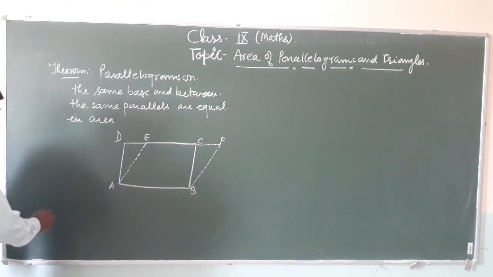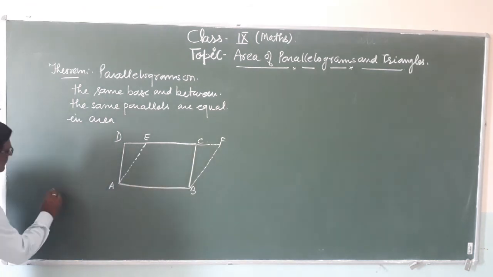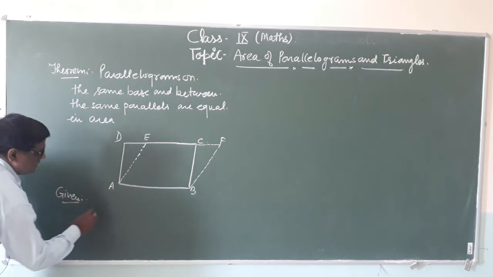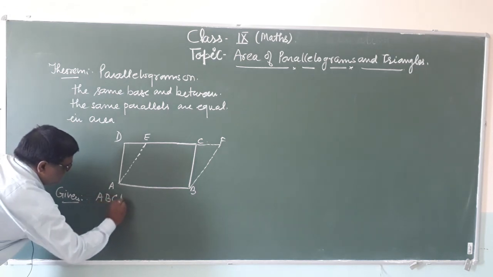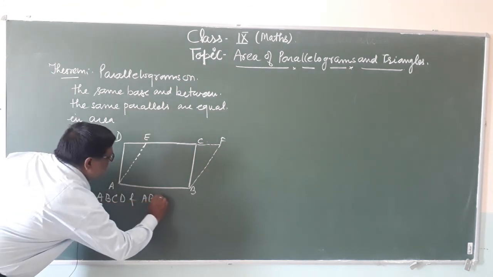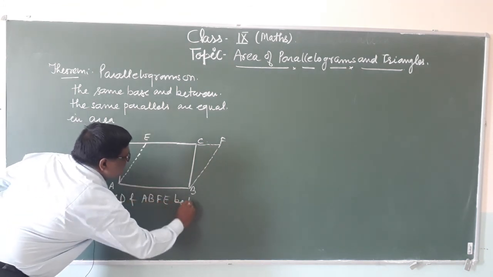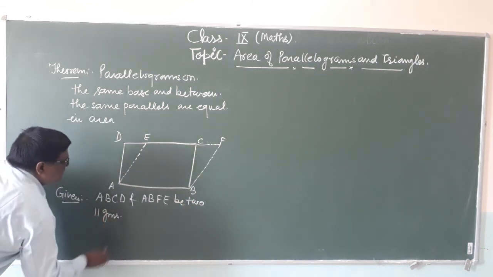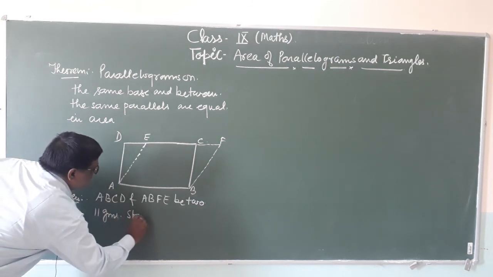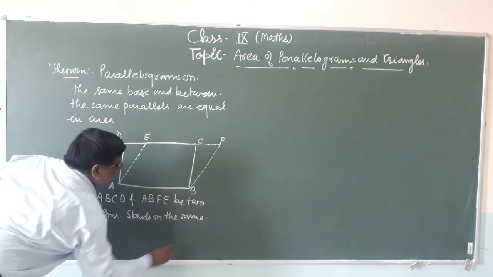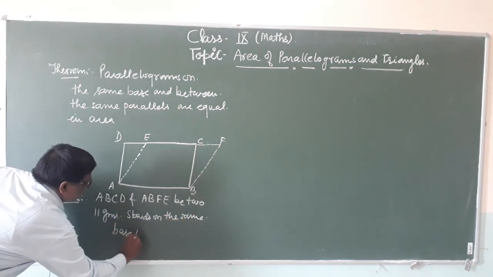Now given is, this is the figure, and given ABCD and ABFE be two parallelograms standing on the same base AB.